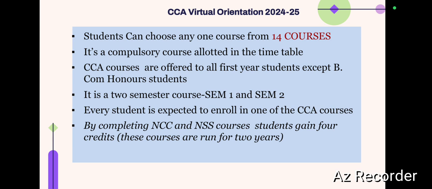It is a 2-semester course, that is Sem 1 and 2, and every student is expected to enroll in one of the CCA courses. By completing these courses, the students will be awarded 2 credits, and the students who register for NCC and NSS get an additional 2 credits, that is overall they gain 4 credits as these 2 courses run for 2 years.